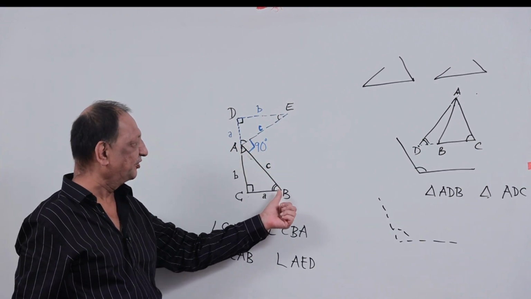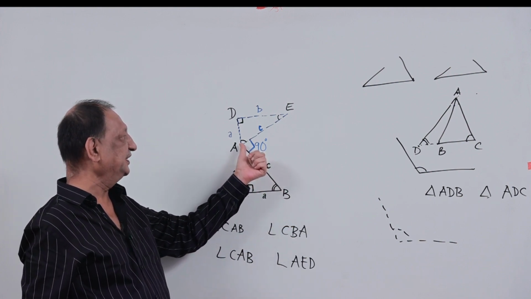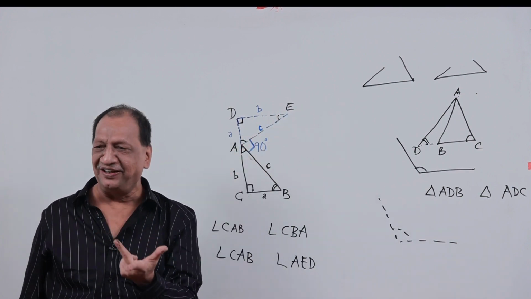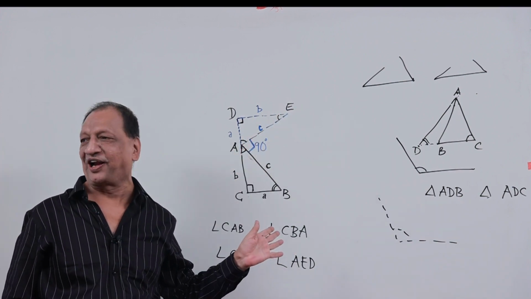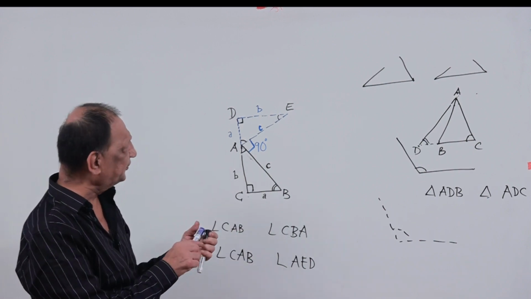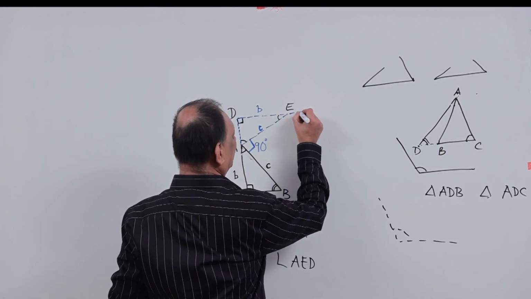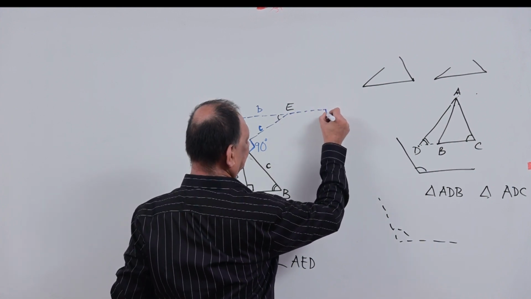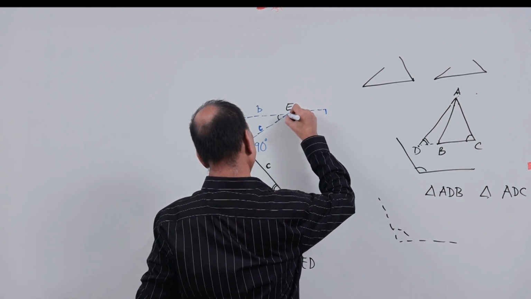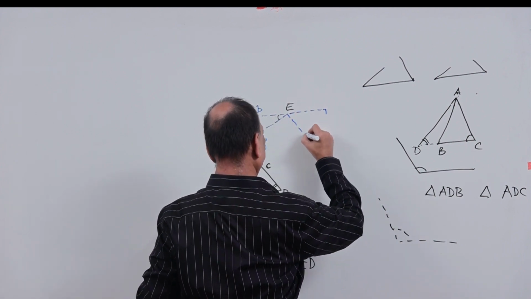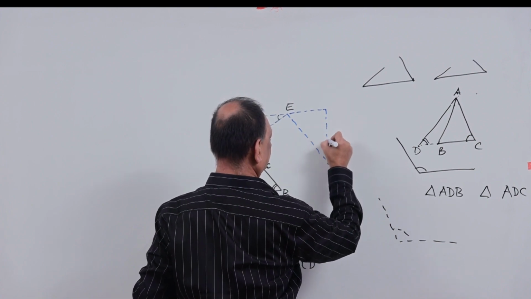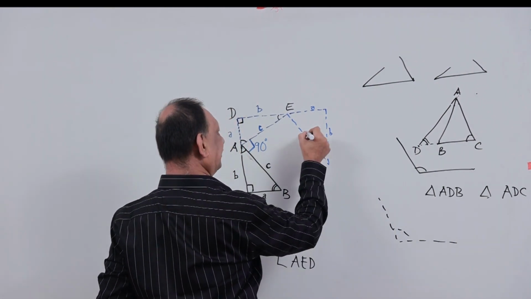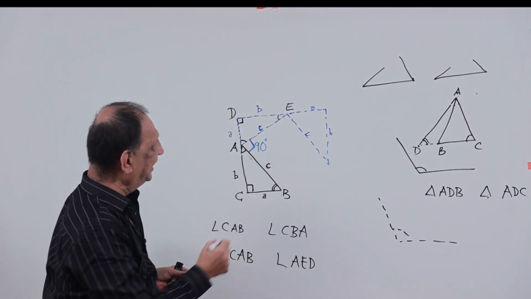And that means now you can see I had a hypotenuse C at 90 degrees. I have drawn one more side which is C, which means I have drawn two parts of a square. Two sides of a square I have drawn by this construction. We continue the construction and add one more side A and one more side B. We will get one more side C and also one more right angle.